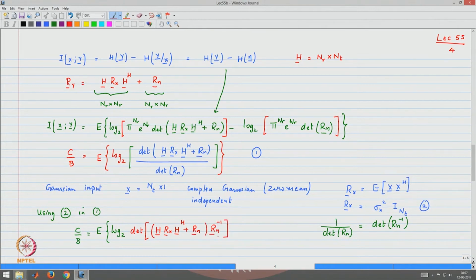This is the expression that we have. Then we have the brackets for the logarithm and then the expectation value. And simplifying this expression, we also note that we can use the expression for Rn as sigma n squared, that is the variance of the noise. It is an nr cross 1 vector, each of them independent Gaussian variables. So, this would be I times nr.